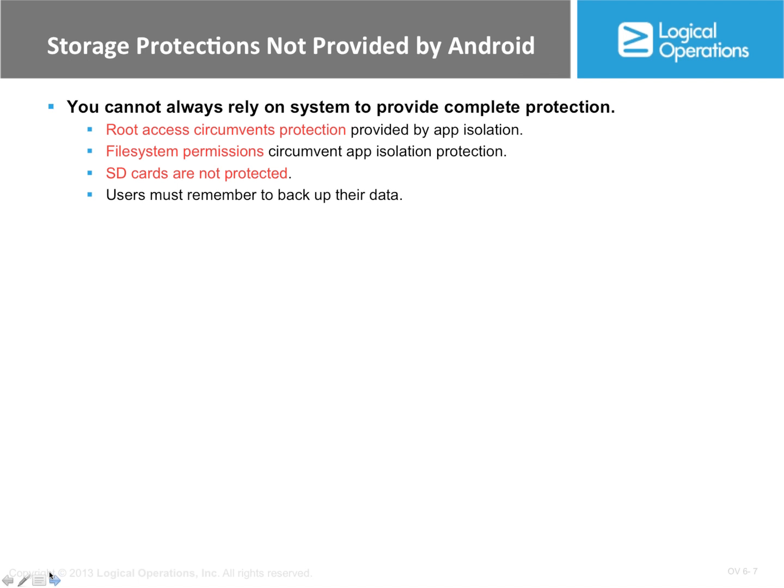Essentially, a rooted device is circumventing all the baked-in goodness of the Android operating system itself. File system permissions have been circumvented once on the rooted devices. SD cards inherently just can't be protected. They're not designed to be protected. They're designed to be shared. So that is something to keep in mind.